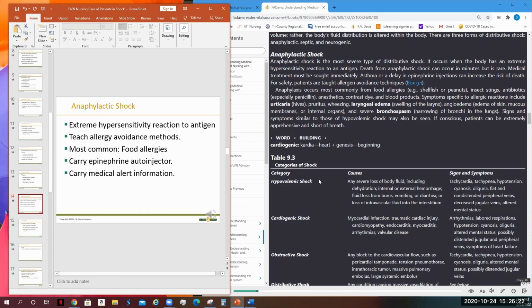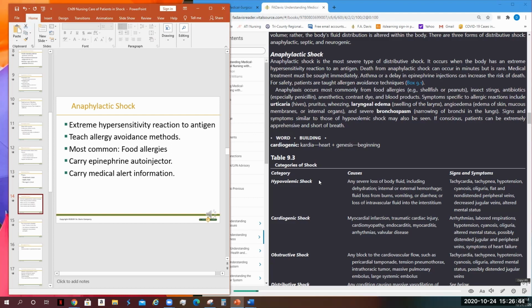You don't want your airway to swell, so laryngeal edema is very serious. Angioedema is edema of the skin, mucous membranes, or internal organs, all of which are very serious.